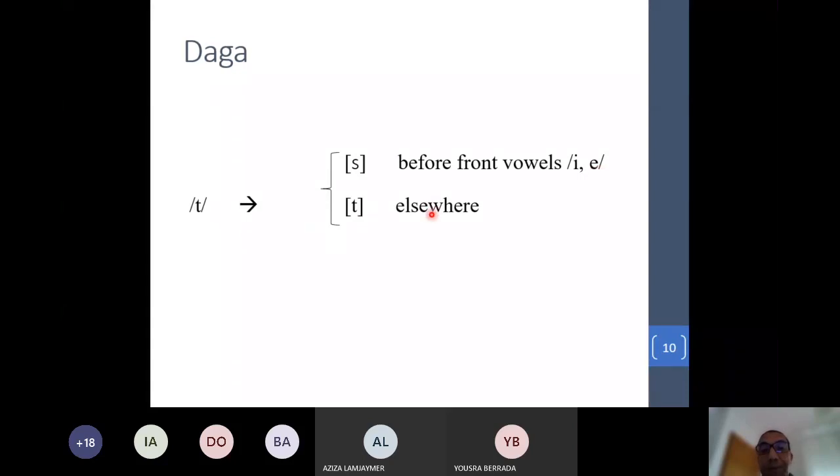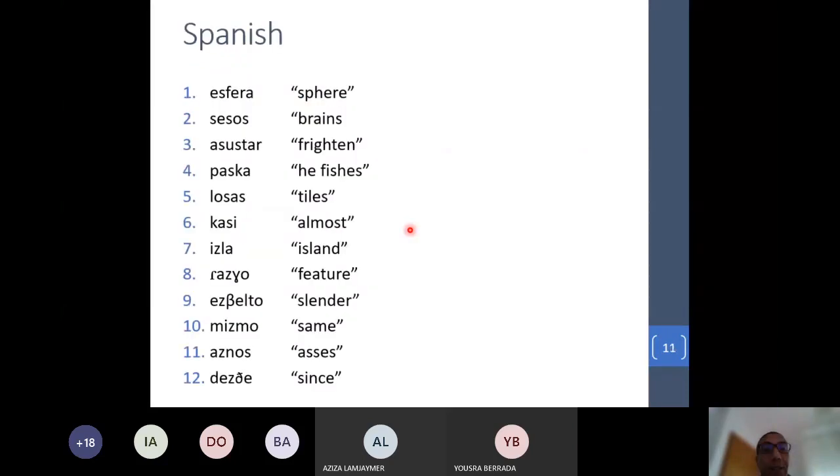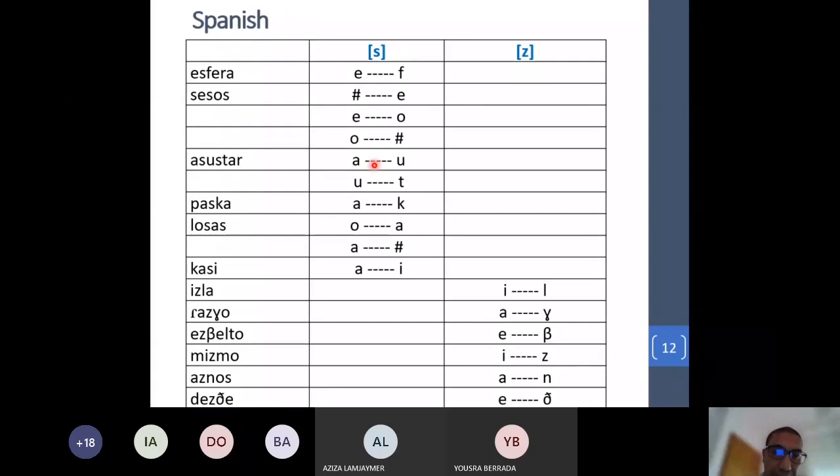So we conclude that t in this language is a phoneme and has two variants, s before front vowels and t elsewhere. Next, we move now to Spanish, and what we need to study here is the difference between s and z. Are s and z separate phonemes, or are they allophones of the same phoneme?